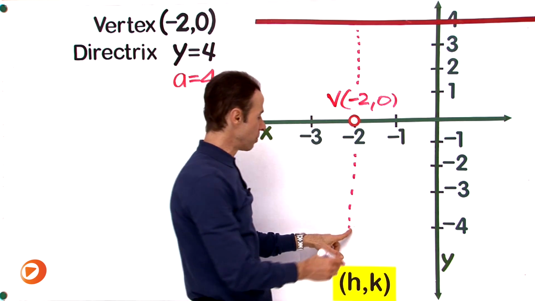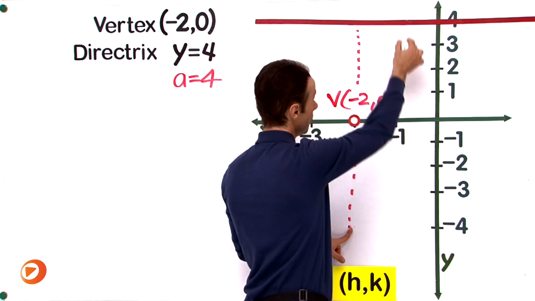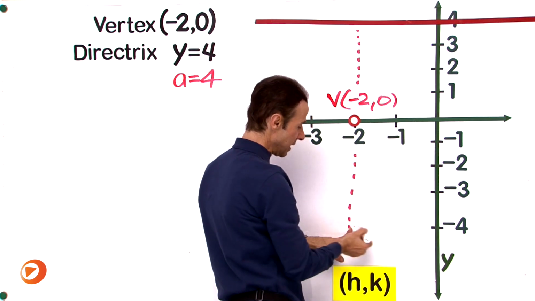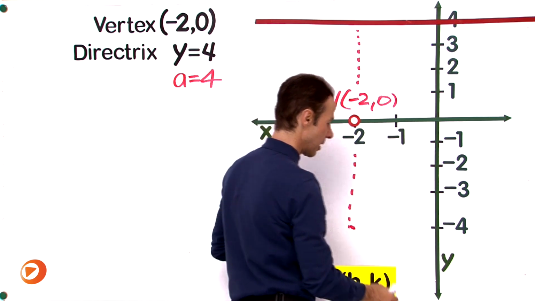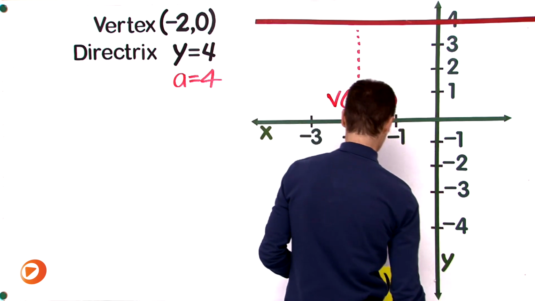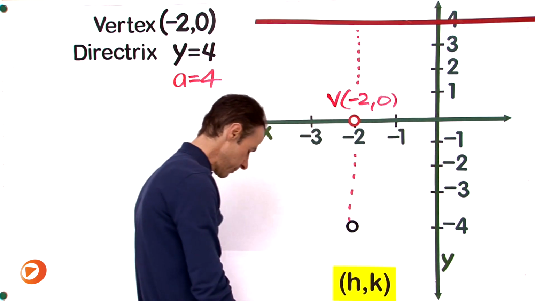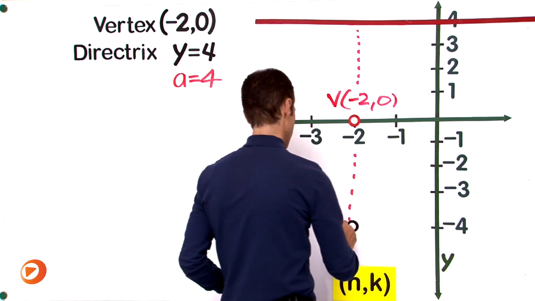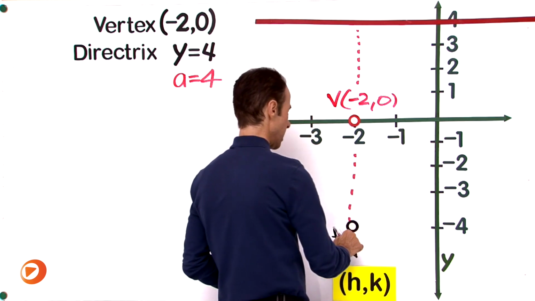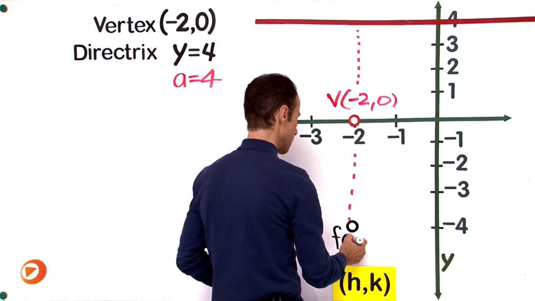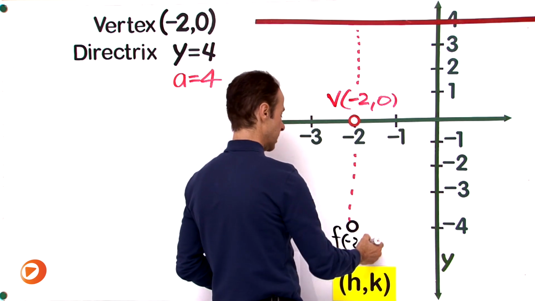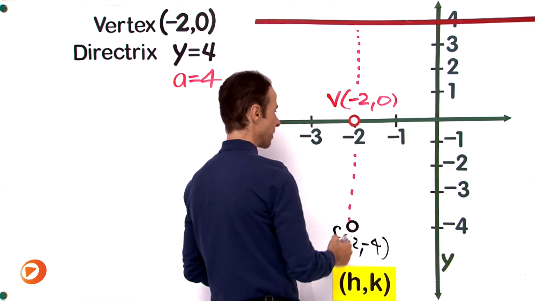And that's our focal point right here. That'll be at 4 here, another 4, it'll be -4, approximately there. So this will be our focal point right here. Let me just write it in. Focal point will be at -2 and -4. Not that we really need it, but that's our focal point.